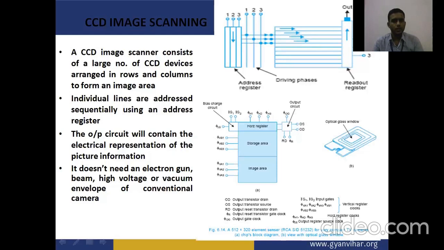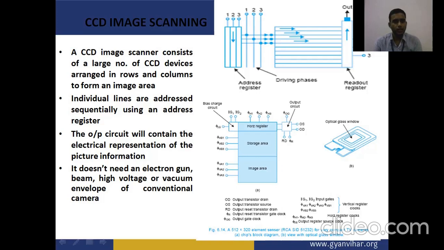Now CCD image scanning: how is the image scanned in the CCD? The CCD image scanner consists of a large number of CCD devices arranged in rows and columns to form an image area.